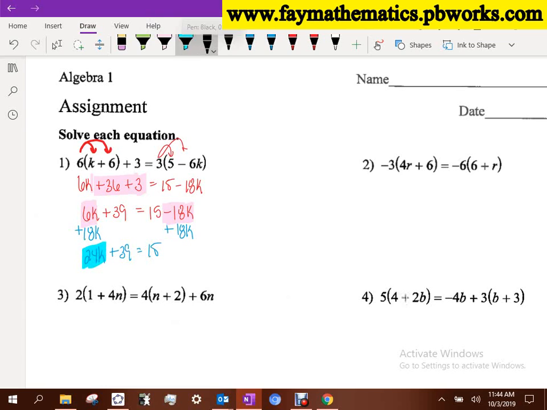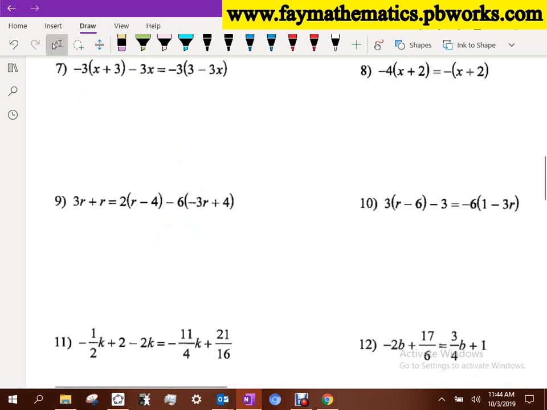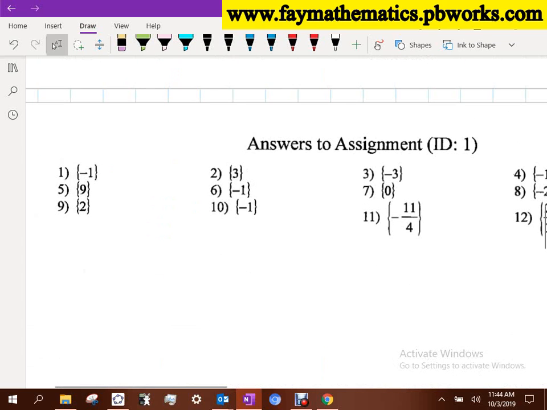So then I'm going to subtract 39 from both sides. And that's going to eventually give me 24k equals, so 15 minus 39 is negative 24. So then k equals negative 1. Matching up then to our answer here.